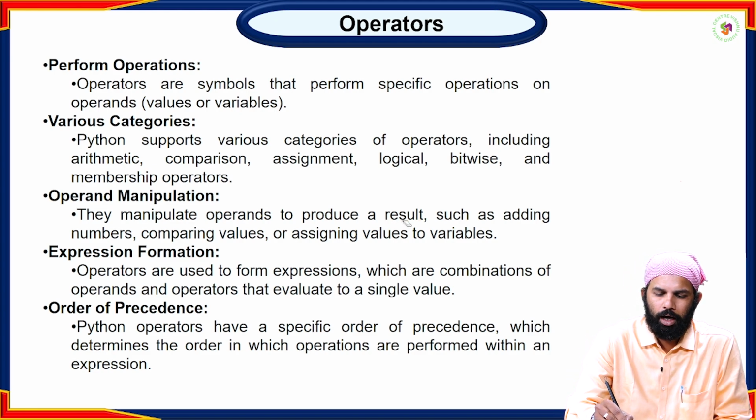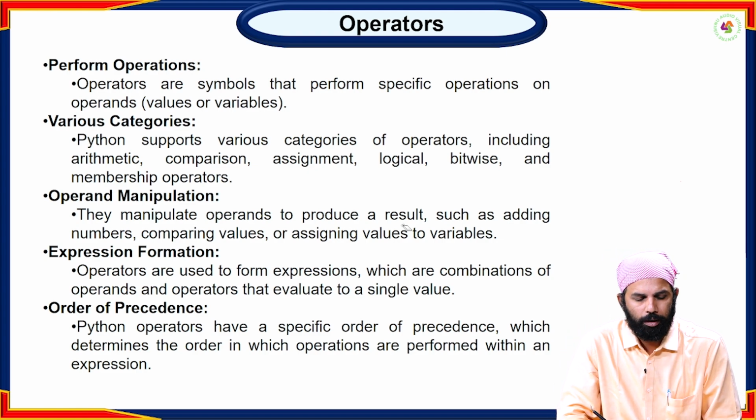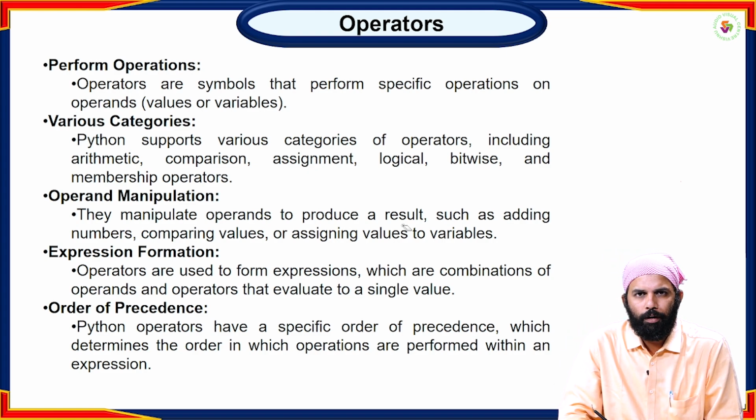If we are using operators, we are allowed to manipulate the operand values to produce a result, such as adding numbers, comparing values, or assigning values to a variable. When we talk about the formation of an expression, as I mentioned, operators and operands are used to form an expression.